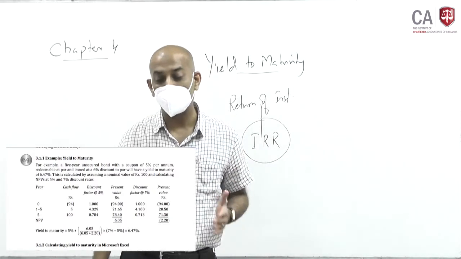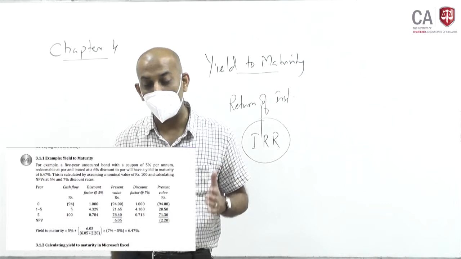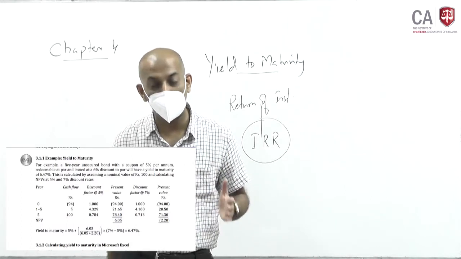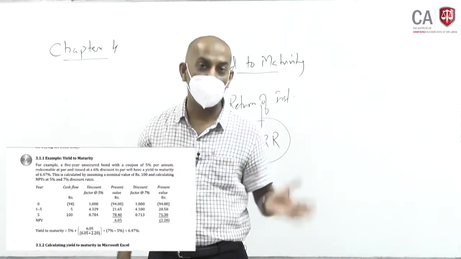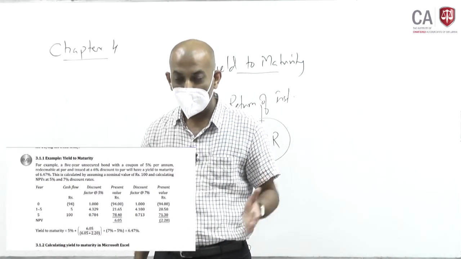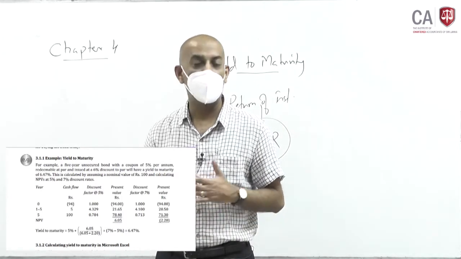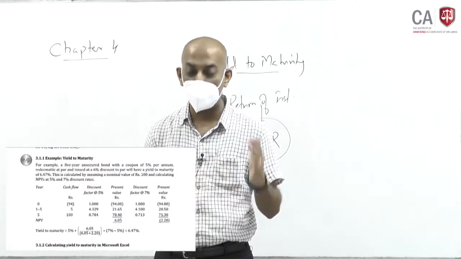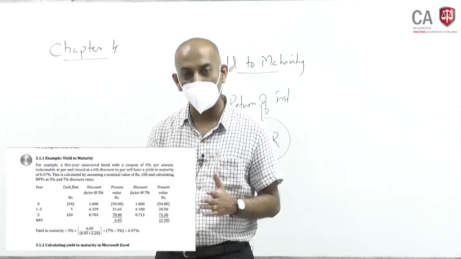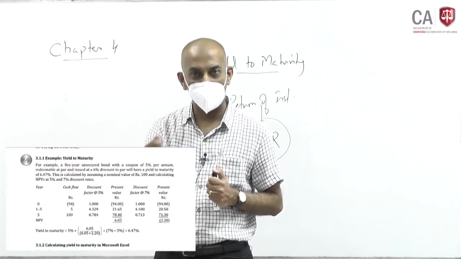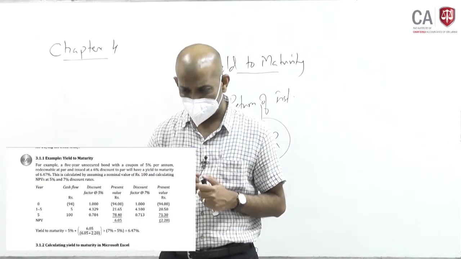And issued at a 6% discount to par will have a yield to maturity of 6.47. So the bond is issued today not at 100 rupees, that's your nominal value; you are issuing at a 6% discount. So a 100 rupee nominal value debenture you are issuing at 6% less, that is 94 rupees. So you are issuing the debenture to the public or institutions today at 94 rupees.